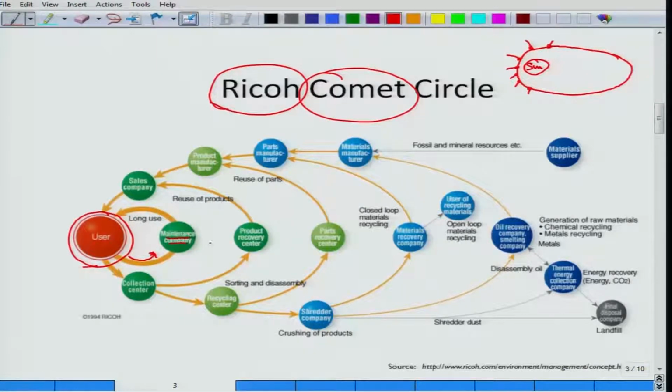The user gets his product, he purchases it, and it is maintained by the company. He gets after-sales service, keeps getting maintenance and repair, and keeps using it for a long time. For example, I took the example of bikes in life cycle costing. You purchase the bike, then you keep on getting it maintained.